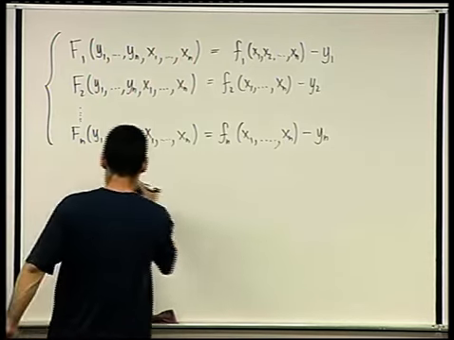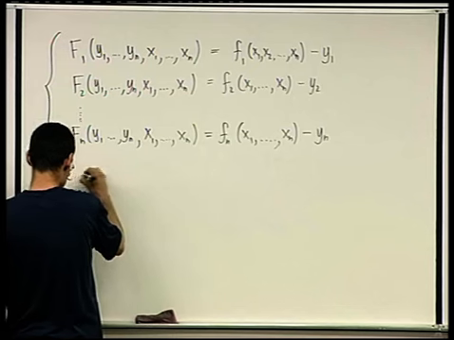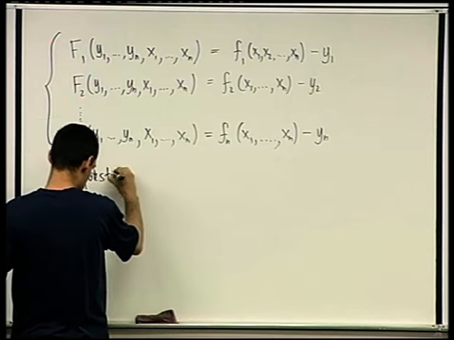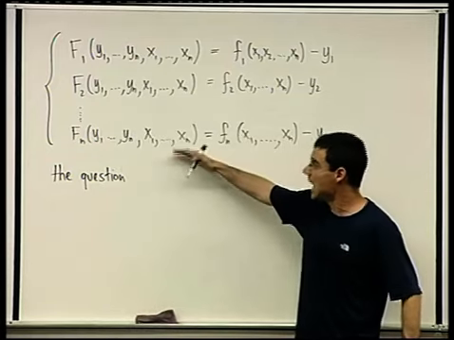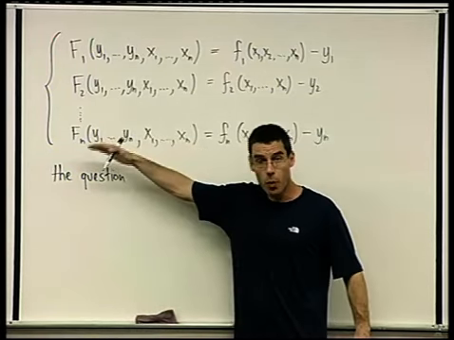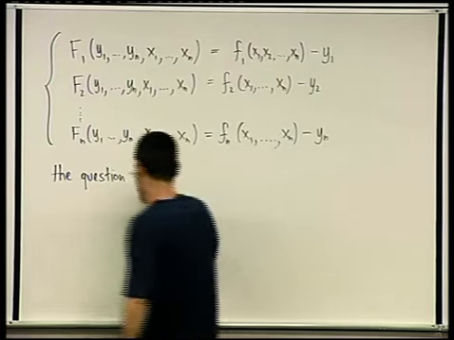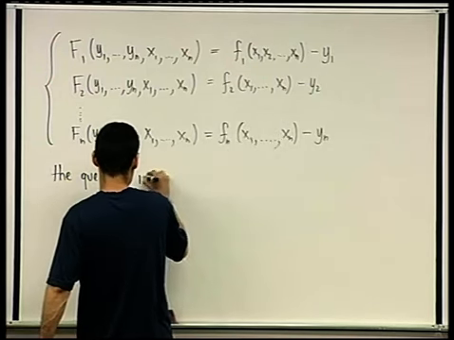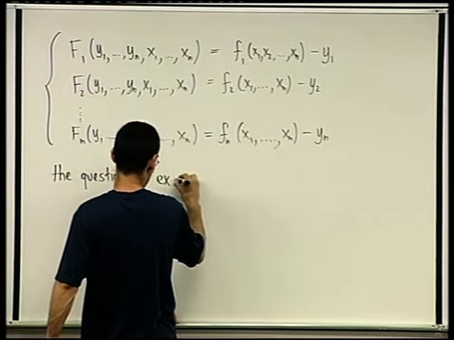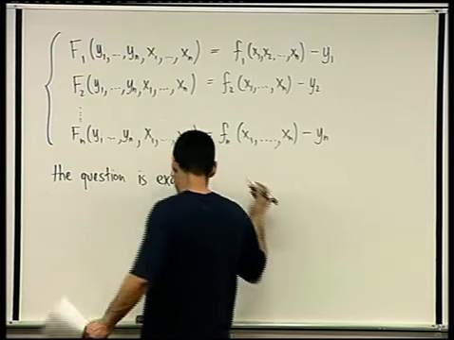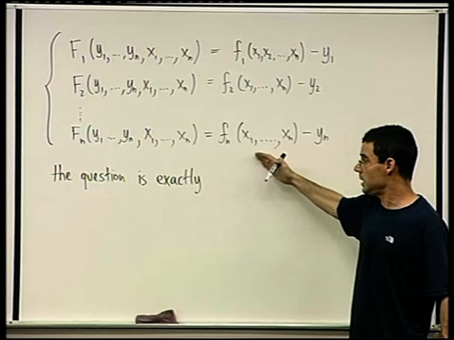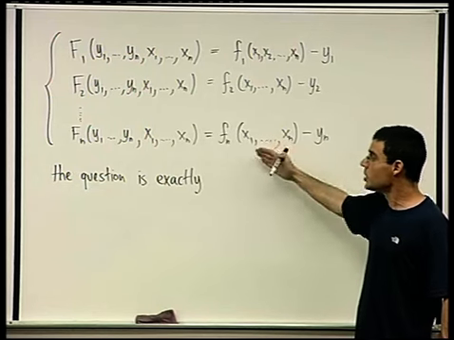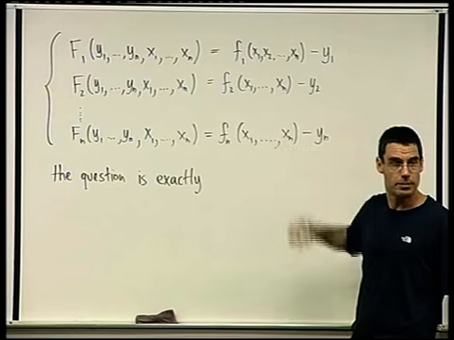So the question which we just asked, when can we express the x's as functions of the y's, is precisely exactly the question, when does the implicit function theorem hold for this system?